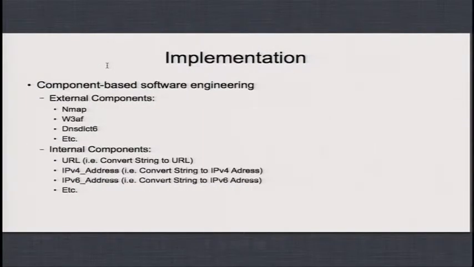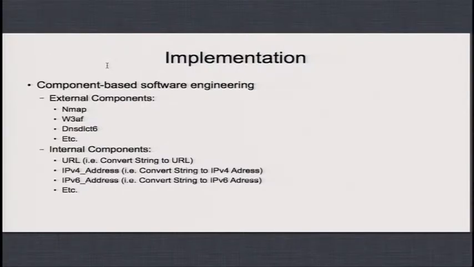Okay, so as I said, a little bit in contrast to what I described before, this is component-based software engineering. So it's also a data flow, but the idea here is that we have components, and all these components share a similar context. I'll go into details much further. We have external components, anything from Nmap, W3af, DNSdict, Nikto. They're all currently supported, and if you have them installed, HackerShell will be able to instrument them out of the box.